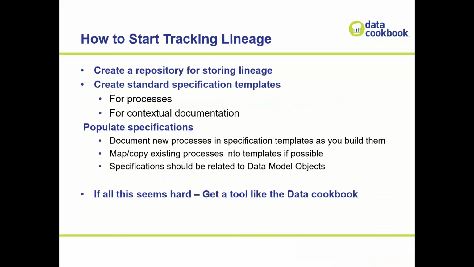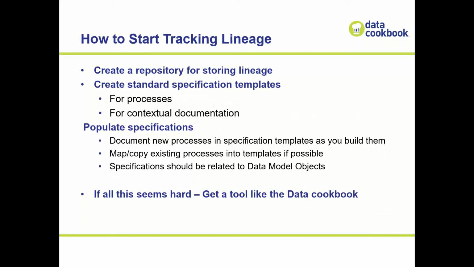So again, if this all seems hard, tools like the Data Cookbook can really help to bring all this stuff together to manage it. The other thing you can do is create a repository for storing your lineage, or pointing to it. Create standard specification templates for the things to store, like for processes, the sources and targets, the mappings.